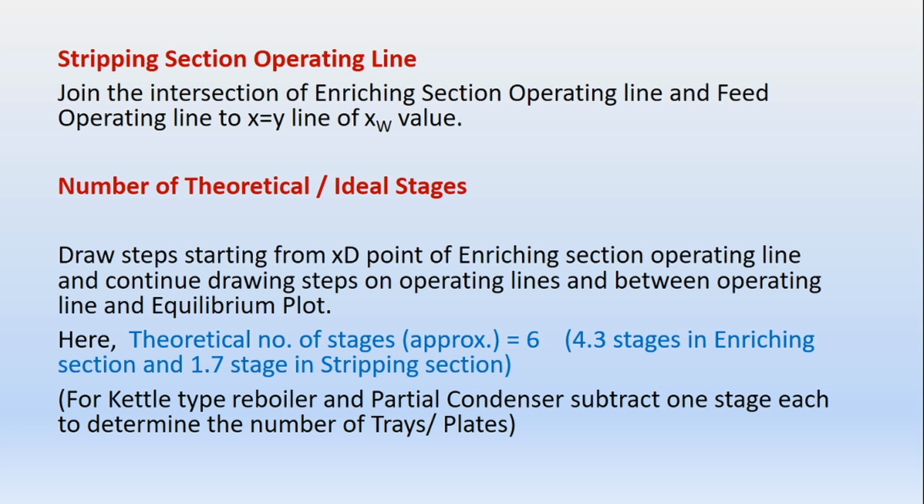So 4.3 stages were above the feed point, which was in the enriching section, and 1.7 stages in the stripping section, which is below the feed point. So total 6 stages.